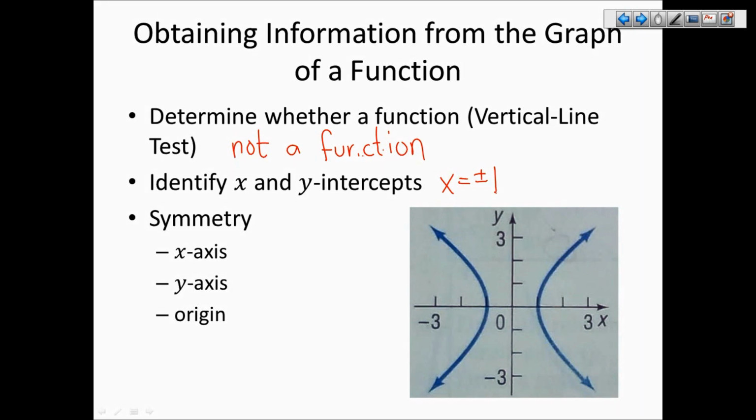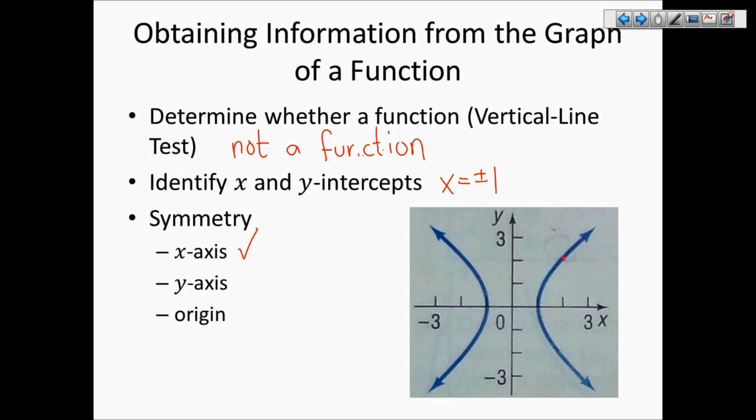Let's talk about symmetry. If a graph is symmetric over the x-axis, that means that for every point there's a point with the same x value, but an opposite y value. So this graph is symmetric over the x-axis.